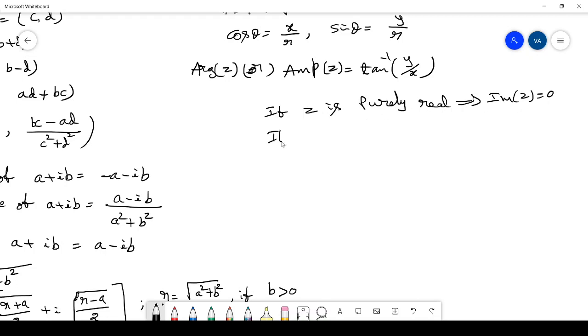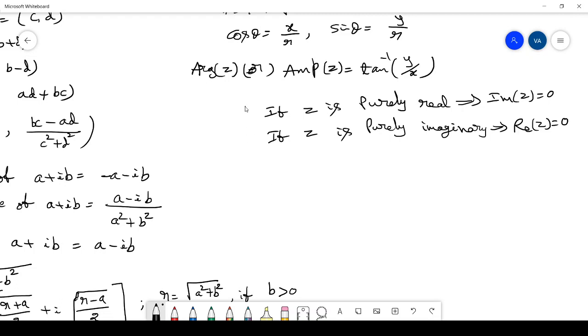If z is purely imaginary, then the real part of z is 0. Purely imaginary means that number has only an imaginary part, so the real part is 0.